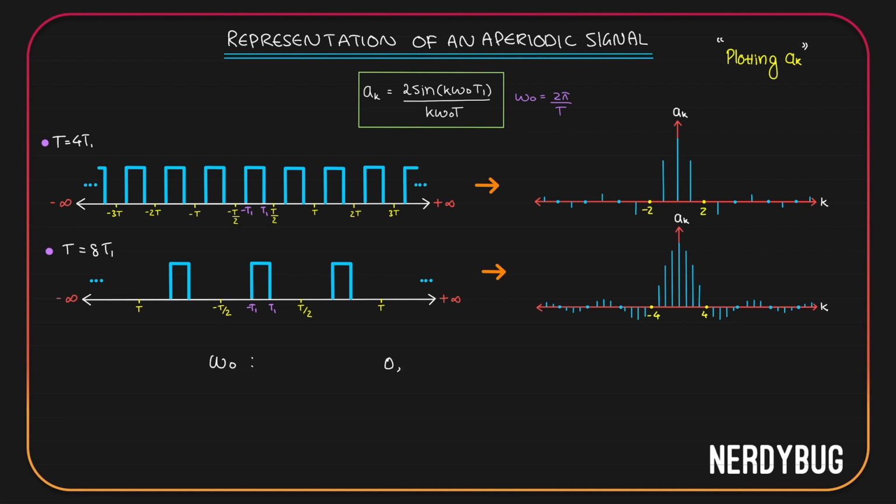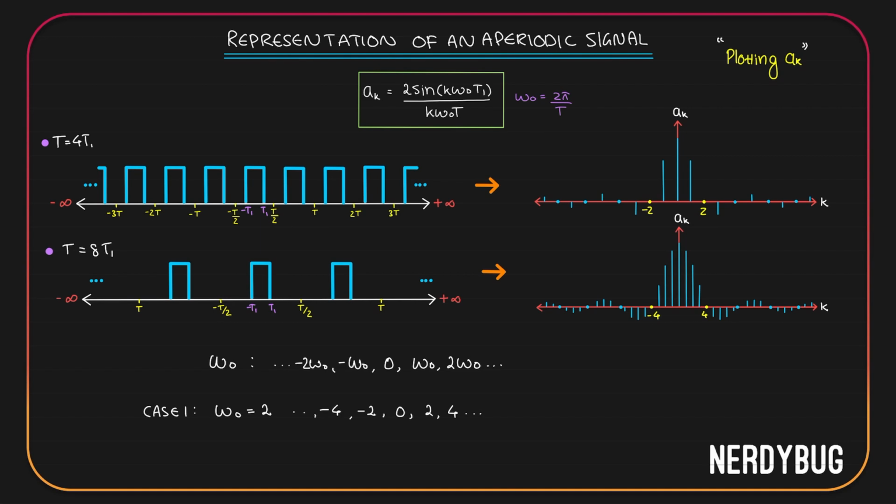That is, one at 0, one at omega naught, one at 2 omega naught, etc. And on the other side, minus omega naught, minus 2 omega naught, etc. Let us take case 1, where omega naught is equal to 2. Then a_k will be found at 0, 2, 4, etc. And on the other side, minus 2, minus 4, etc.